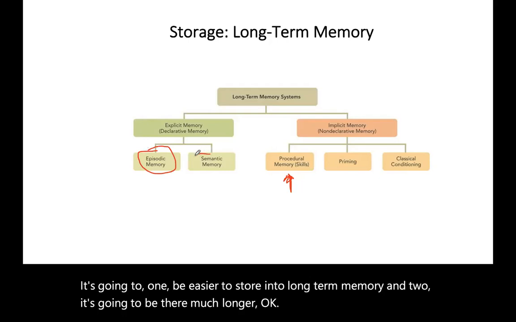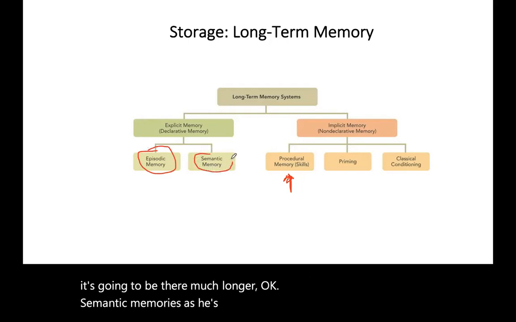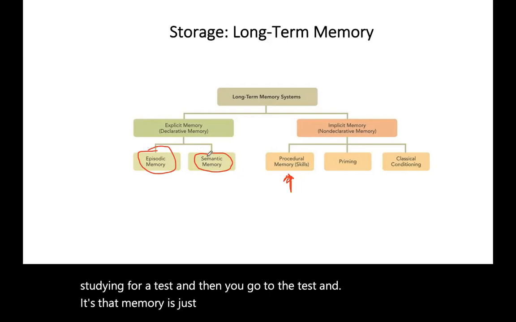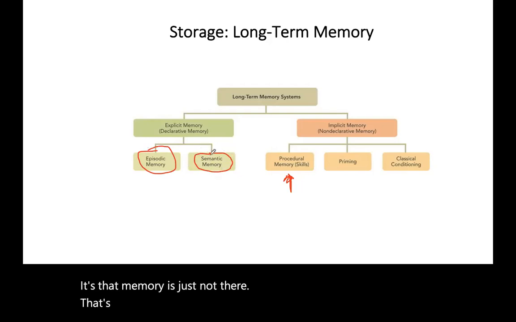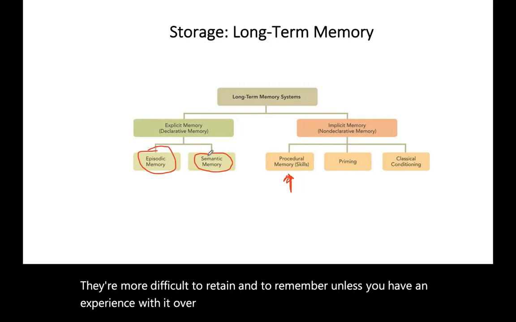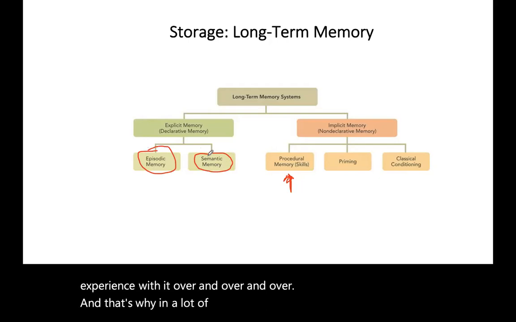Semantic memories, as you guys probably have guessed, when you're studying for a test and then you go to the test and that memory is just not there, that's a semantic memory, okay? They're more difficult to retain and to remember unless you have an experience with it over and over and over. That's why in a lot of classes, we've gone to more experiential learning.